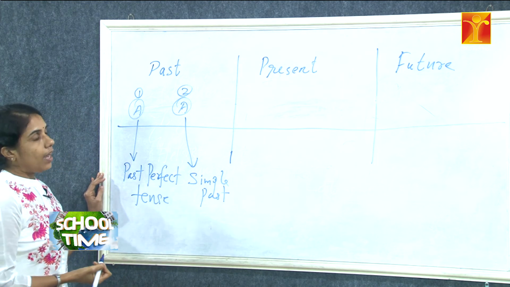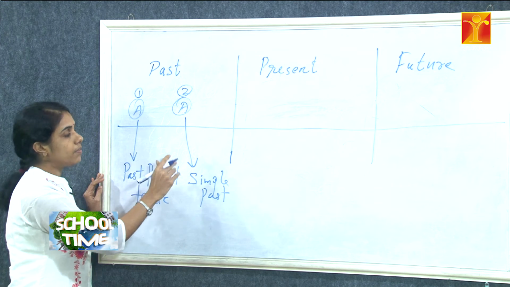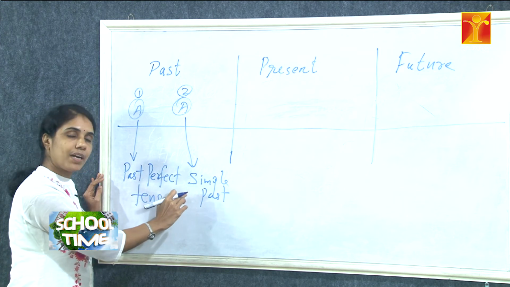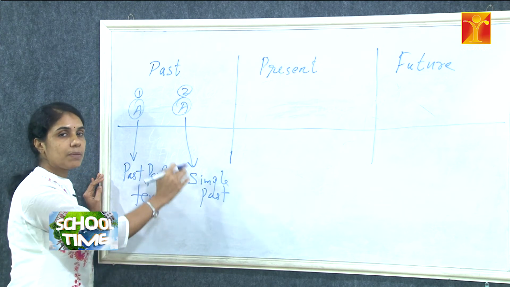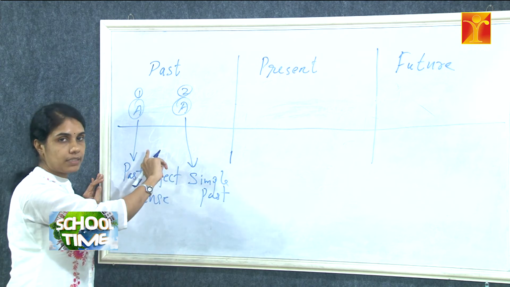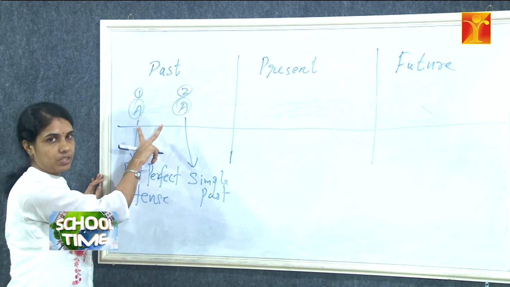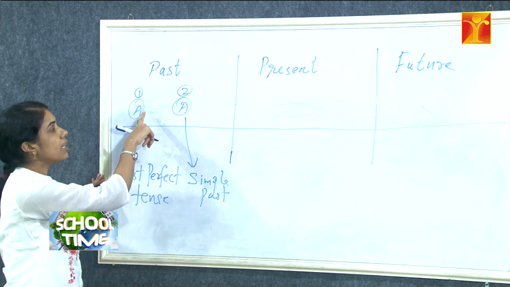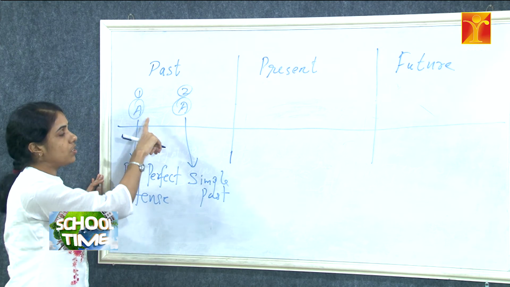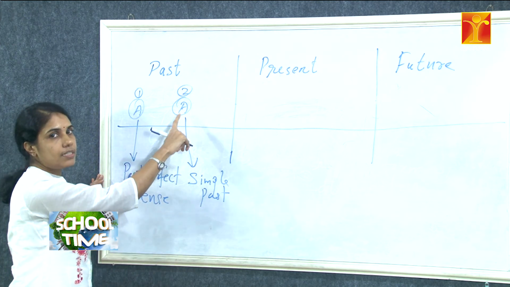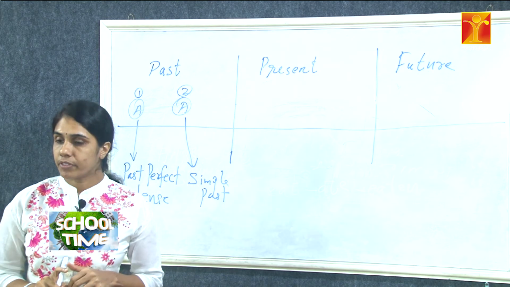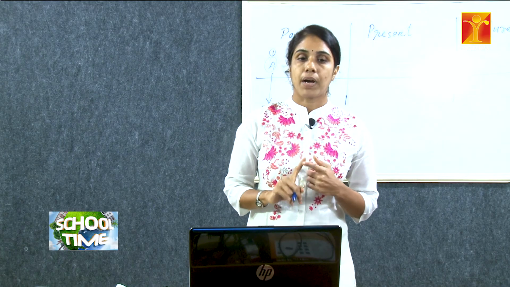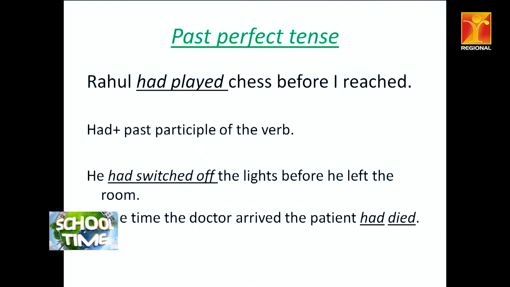Clear? And if there is only one action, the simple past tense will do. We can use simple past tense if there is only one action, but here there are two actions. So, we should use the past perfect tense for mentioning the first action and simple past for the second one. The form of the verb is had plus past participle of the verb. Another example, he had switched off the lights before he left the room.